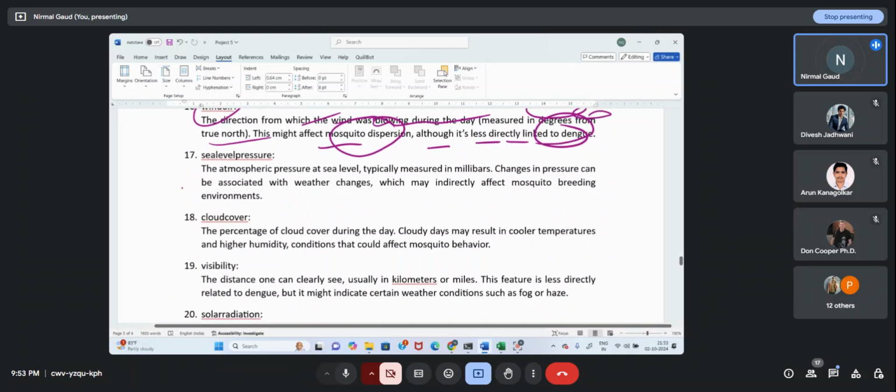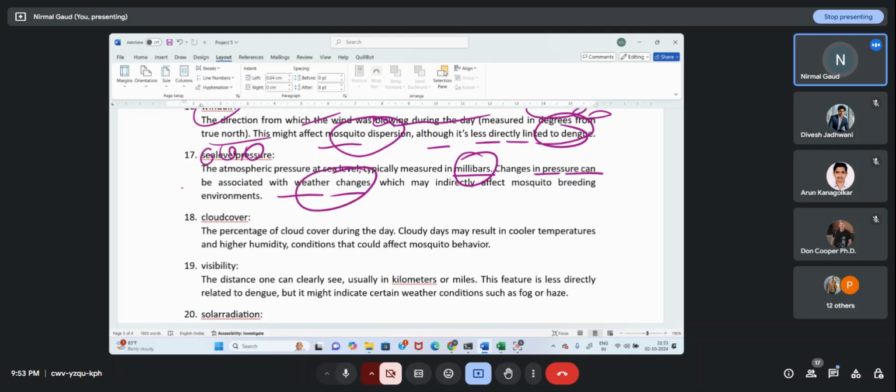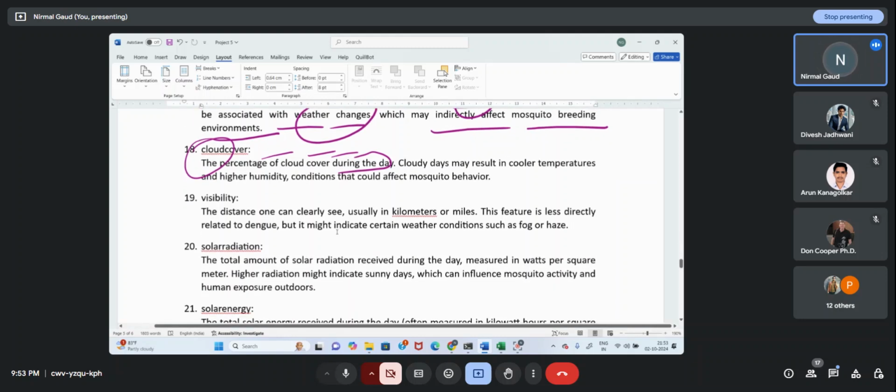Then sea level pressure, measured in millibars, changes in the pressure. As the weather changes, the pressure changes, which may indirectly affect mosquito breeding. Cloud cover, that means the percentage of cloud during the day, how the clouds are present.